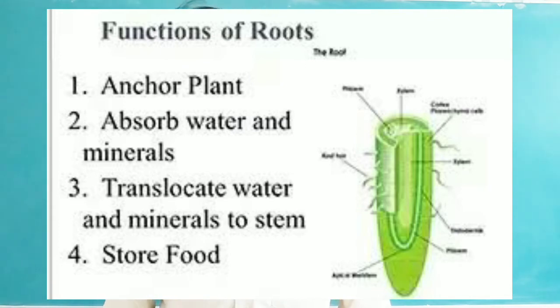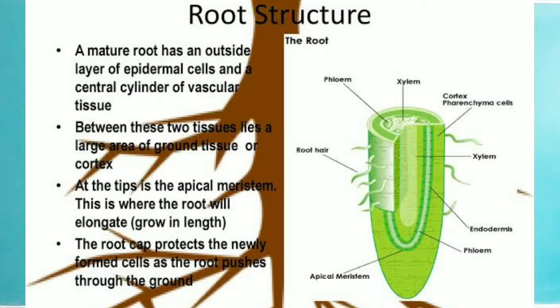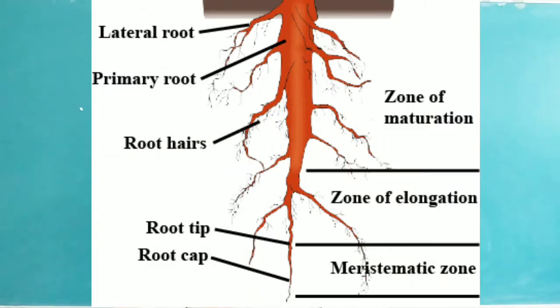In some plants, roots form a means by which the plant reproduces. And if you look at a typical root, it has various parts like the root cap, the zone of cell division or meristematic zone, and the zone of cell elongation.